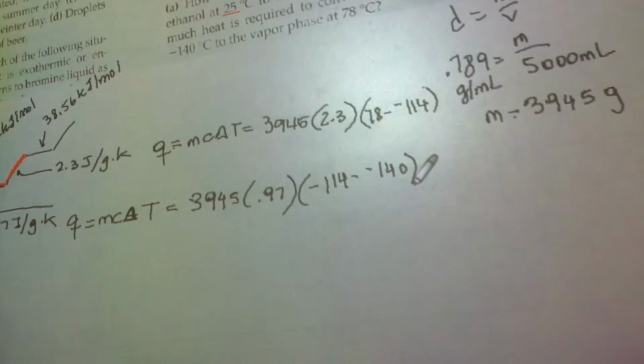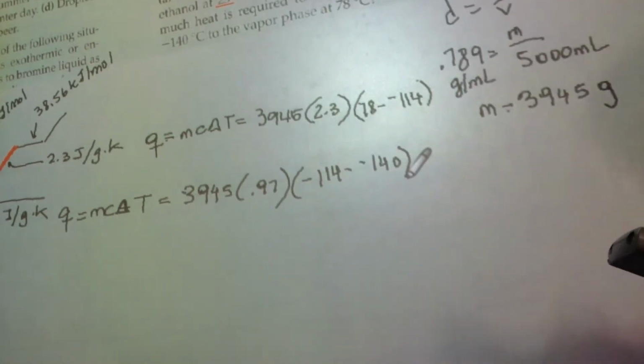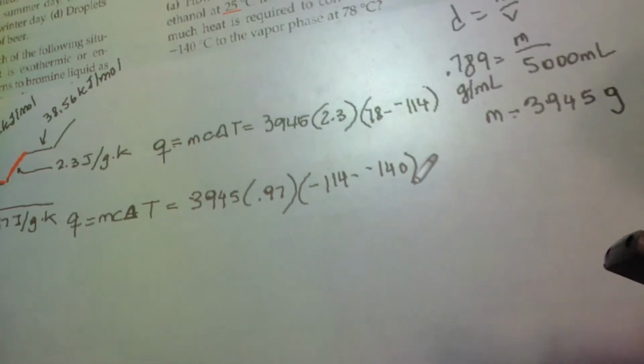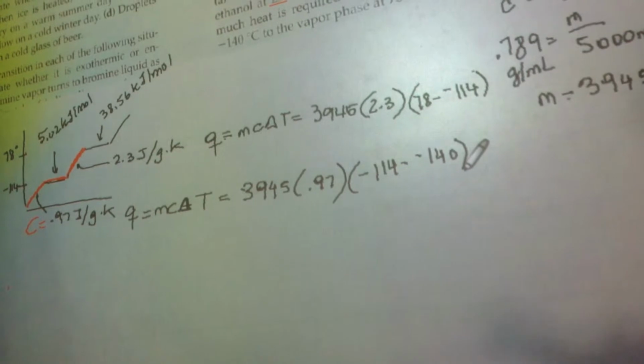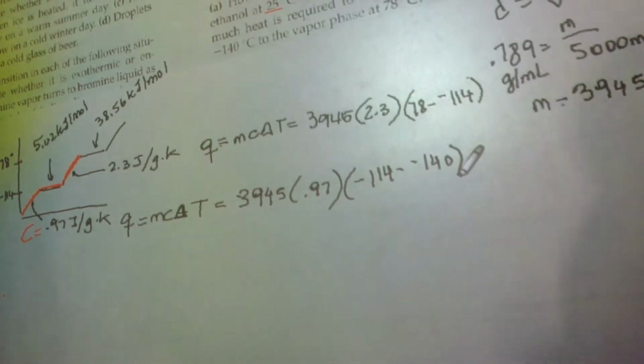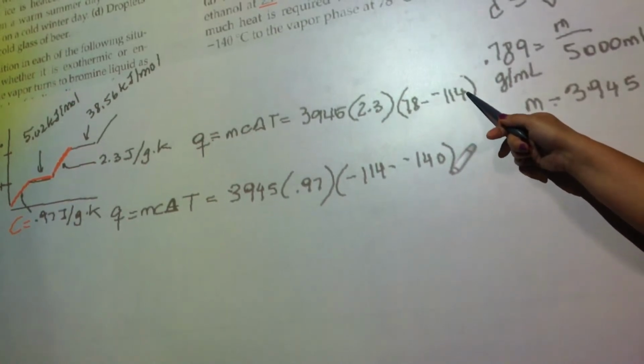Okay, so let's just calculate these real quick. I get a ridiculously large number. 78 minus negative 114.